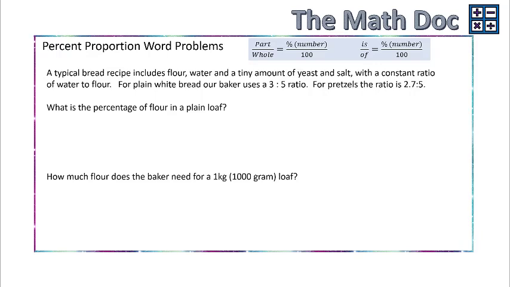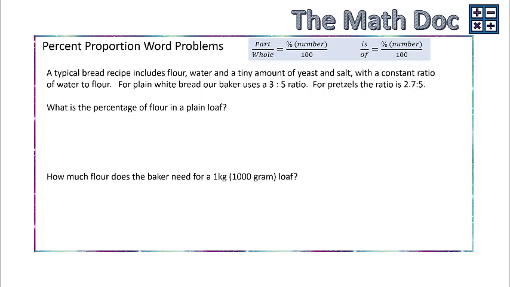For pretzels, which are harder and drier, there's less water, and the ratio is 2.7 to 5. So let's answer the first question: what is the percentage of flour in a plain loaf?